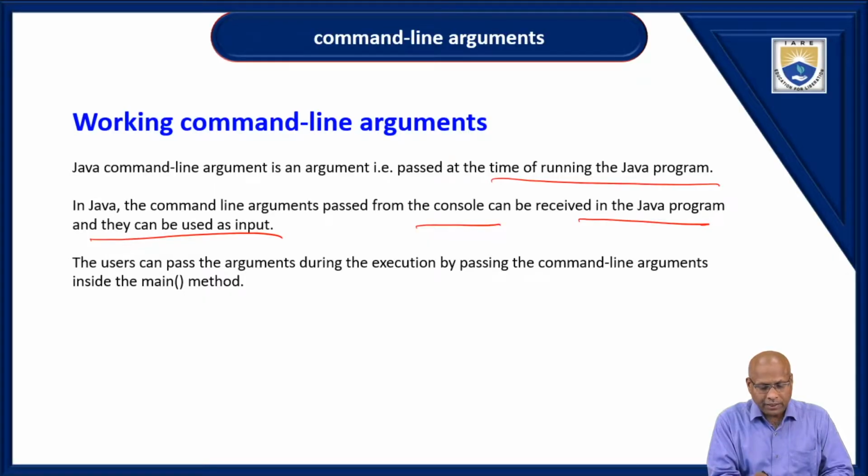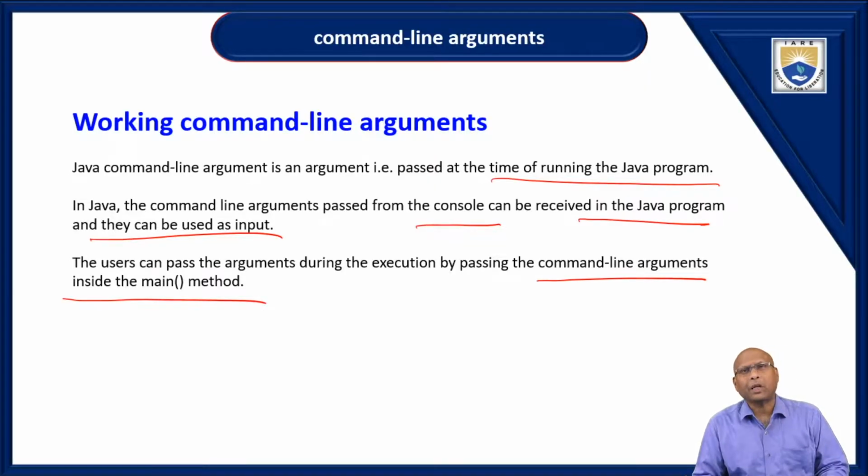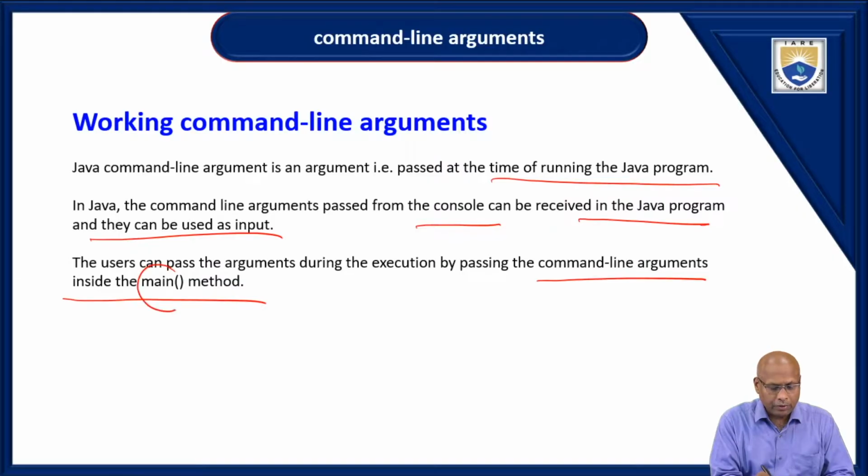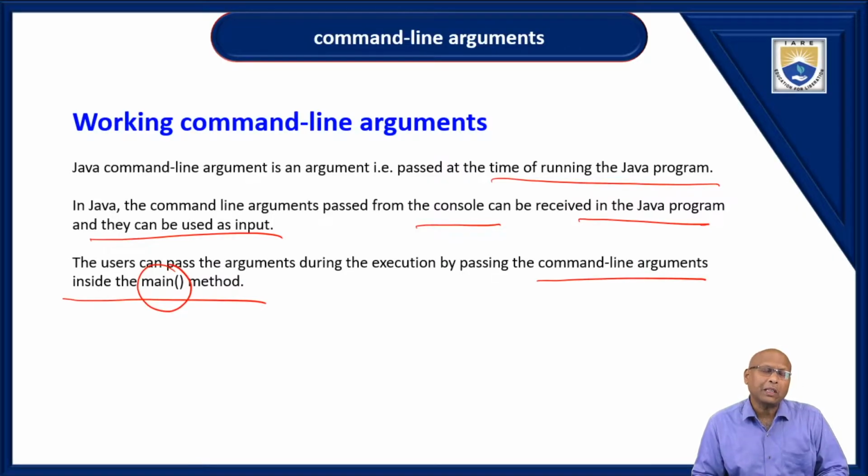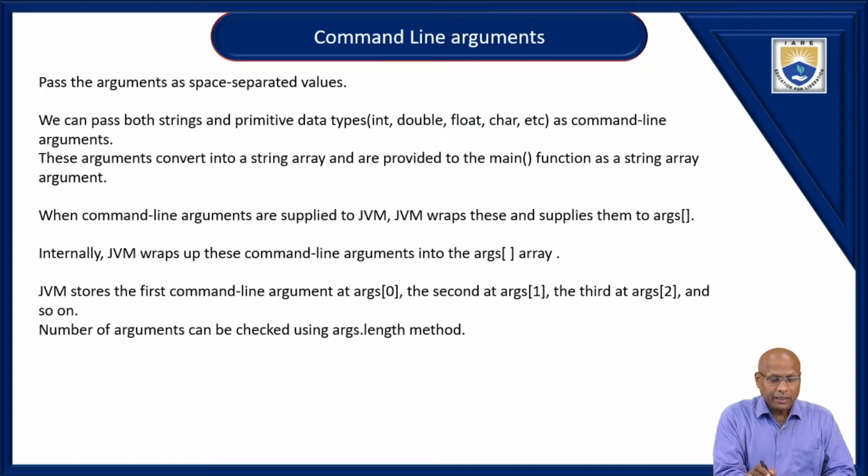The user can pass arguments during execution through the command line, and they are received by the main method. So the main method carries all the command line arguments. Sometimes your program may need multiple arguments.